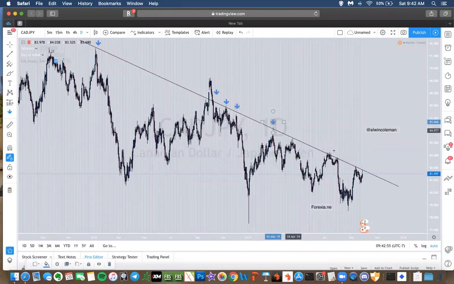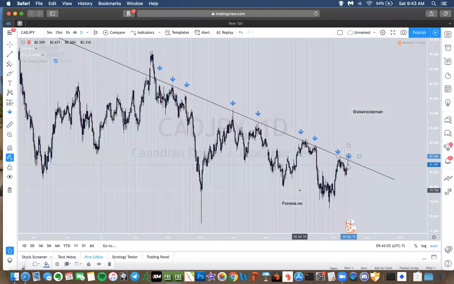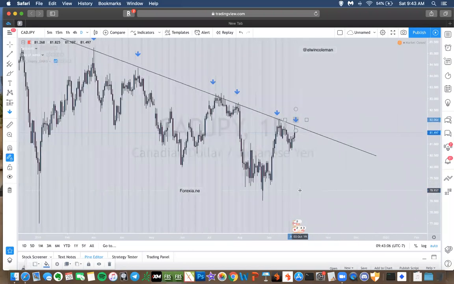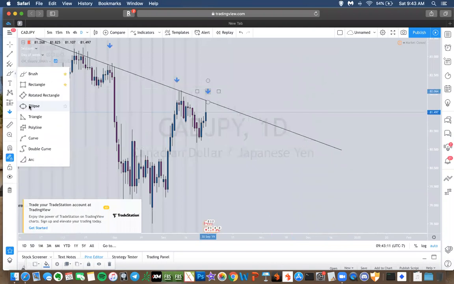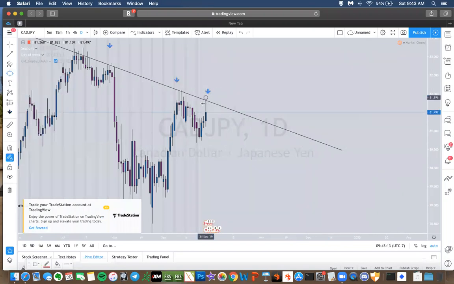So CADJPY trending down. So what we know is when price comes back around this area, this trend line is, what do we know? What we know is psychologically, the retail world, which we're part of, but we strive to be on the other end.